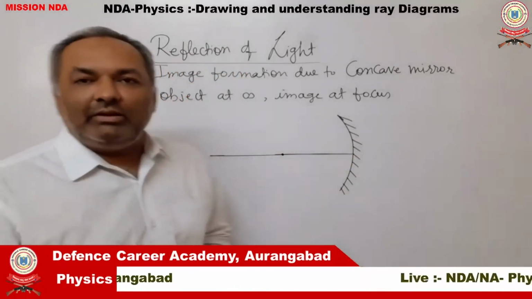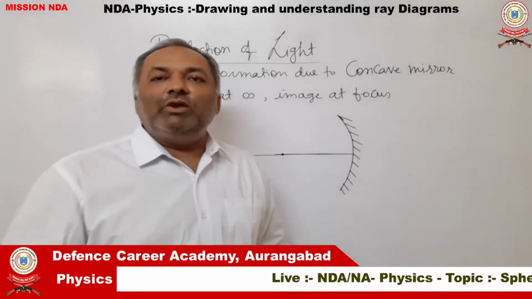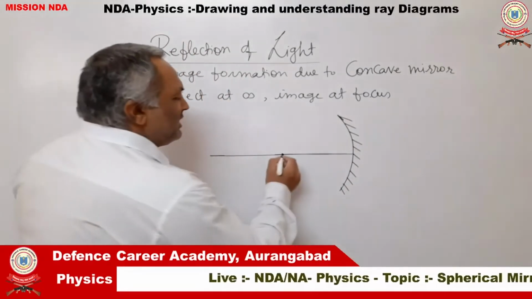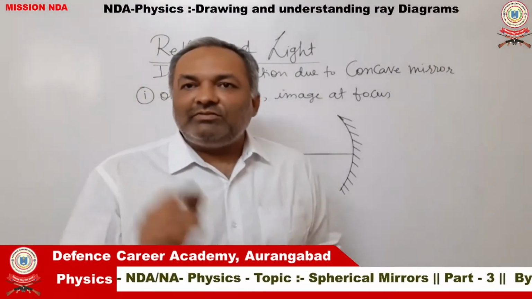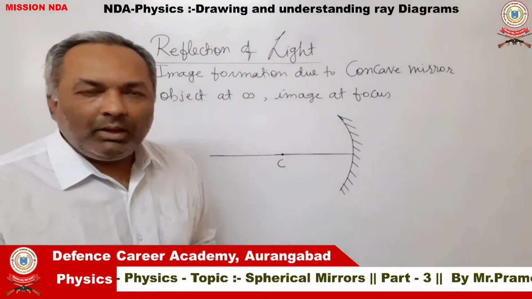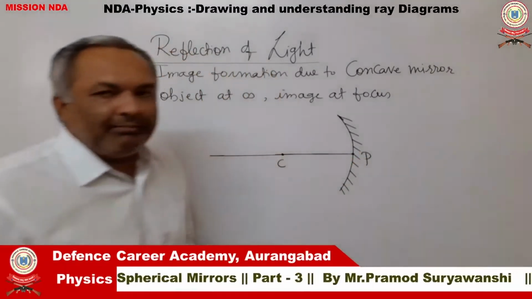Then represent the opaque surface of the mirror. Wherever you have put the point of the compass, that point should be marked as C, that is the center of curvature. Next, mark this point as the pole.